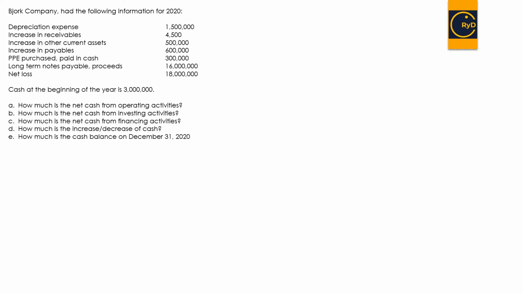So first, let us analyze the information if this is an investing, operating, or a financing activity. Okay, let's start with our depreciation expense. So in our indirect method, we consider our depreciation expense as well as our gain or loss on sale.